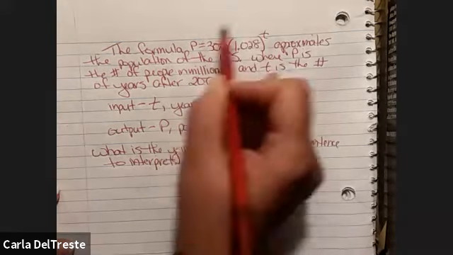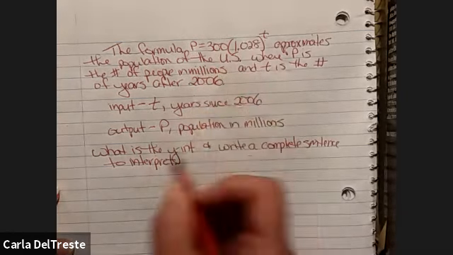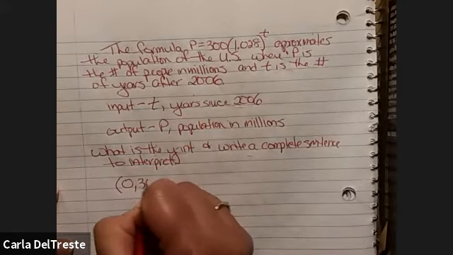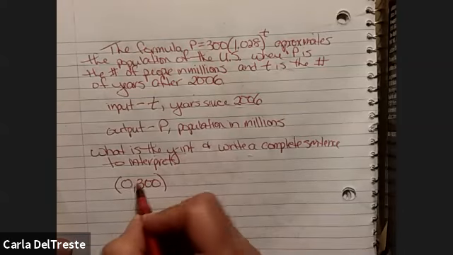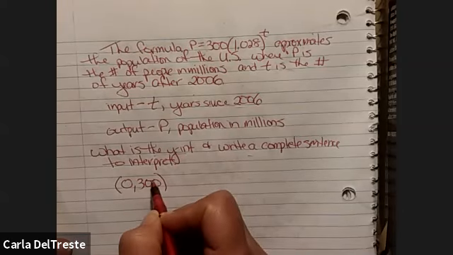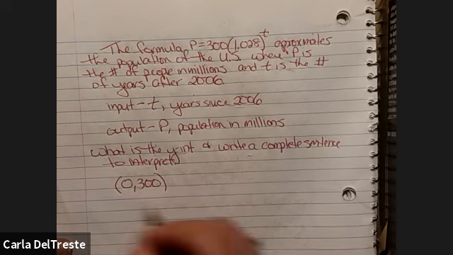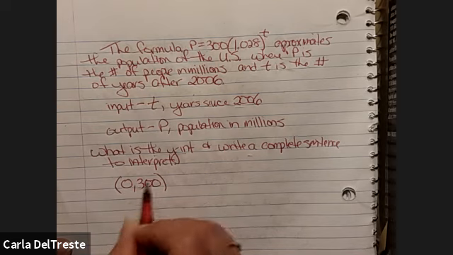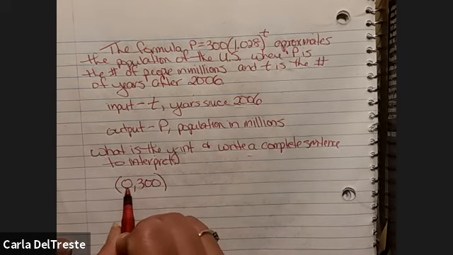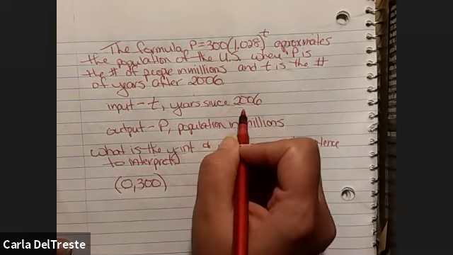So first, it's about picking it out. This is an exponential. I can pick it out. The y-intercept is (0, 300). But now it's the interpret part. Or in other words, it's 0 what? 300 what? Can you write a complete sentence to describe what these two numbers mean? 0 means 0 years since 2006.